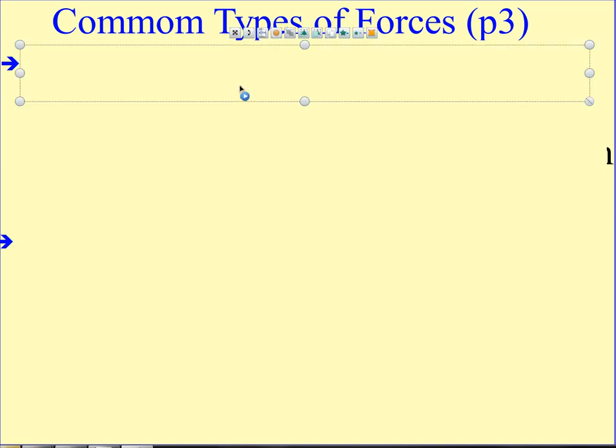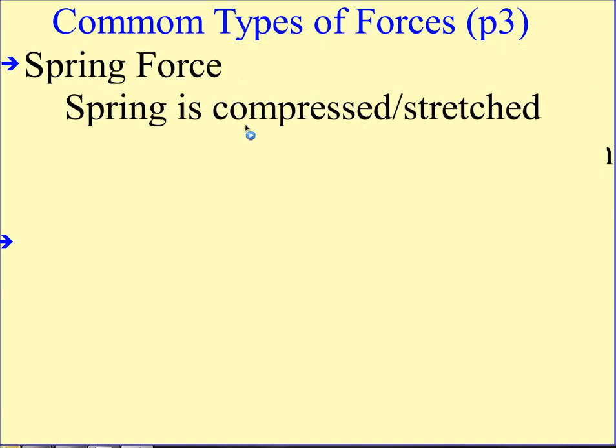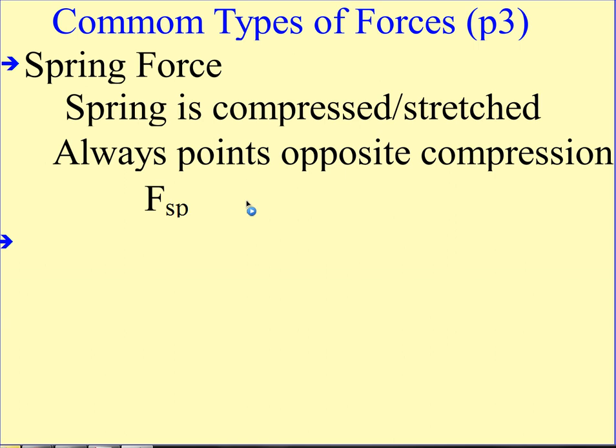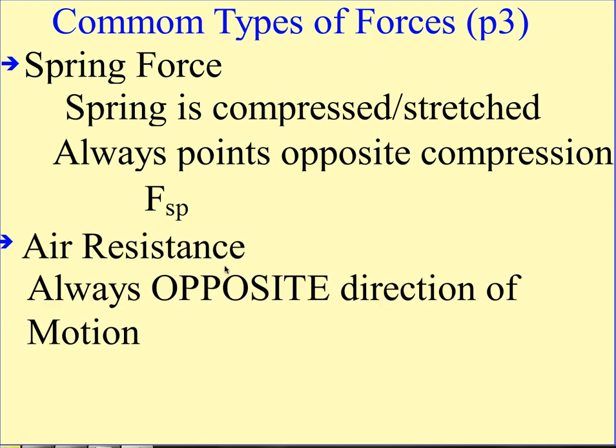More forces that you need to know about are spring forces. Whenever you push on a spring, you can feel the force. And the force always points in the opposite direction of compression. So if you push in on a spring, then the force is pushing you out. The spring is pushing back out. Air resistance is a special kind of friction that always opposes motion.